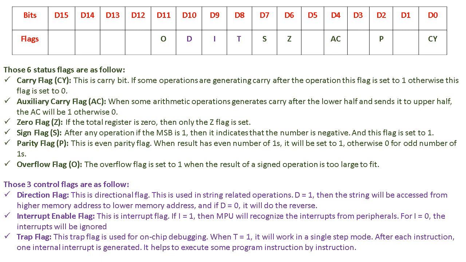So now let us understand the trap flag. Trap flag is used for on-chip debugging. When T equals 1, it will work in single step mode. After each instruction, one internal interrupt is generated. It helps to execute a program instruction by instruction.